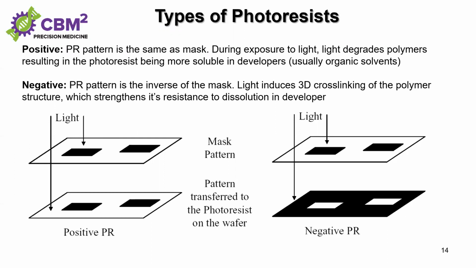So basically the pattern of the photomask is the same as the final structure in positive photoresist. While if you use a negative photoresist, where light is exposed will be cross-linked, and where light is blocked, the resist will be removed upon development. So basically, we have opposite structures. We call these positive resist and negative resist.